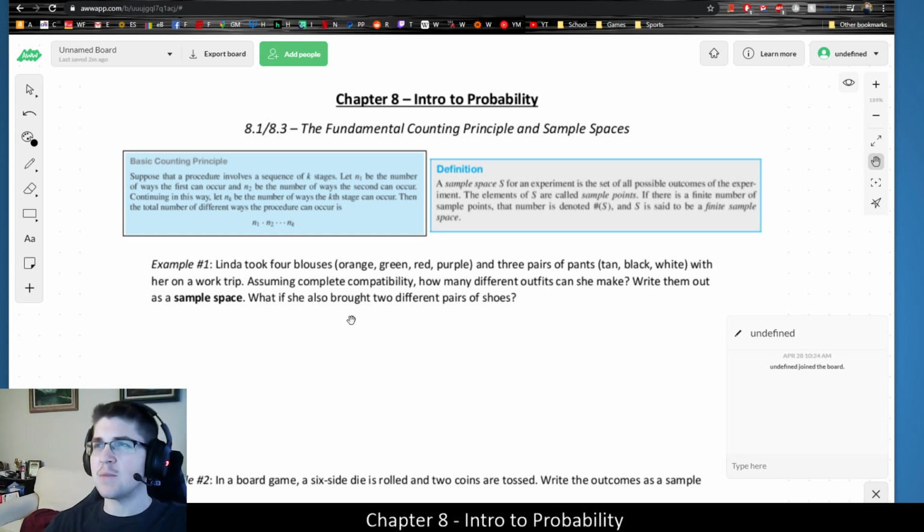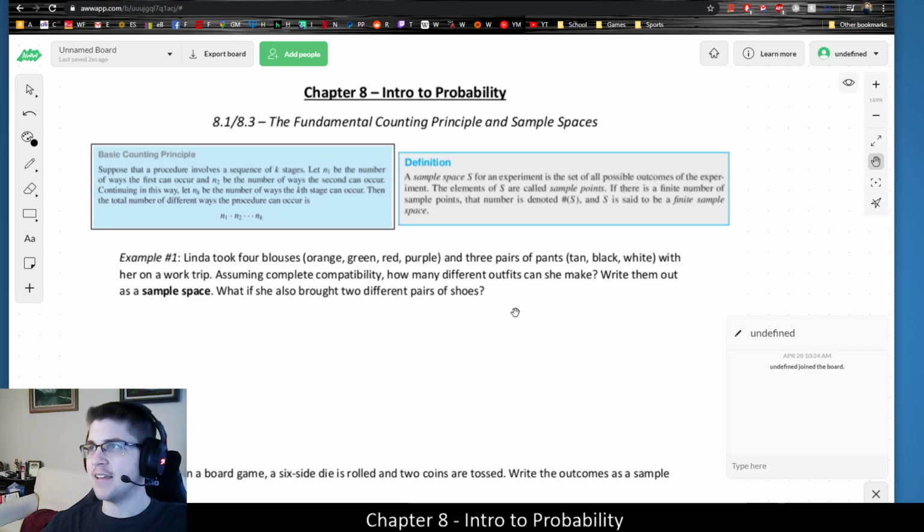It asks, assuming complete compatibility, meaning that she could pair an orange shirt with tan pants or a red shirt with white pants, and we're just going to ignore fashion and pretend each one of those colors is compatible because I really don't know any better at the end of the day. Basically, the question is, how many different outfits could she make?